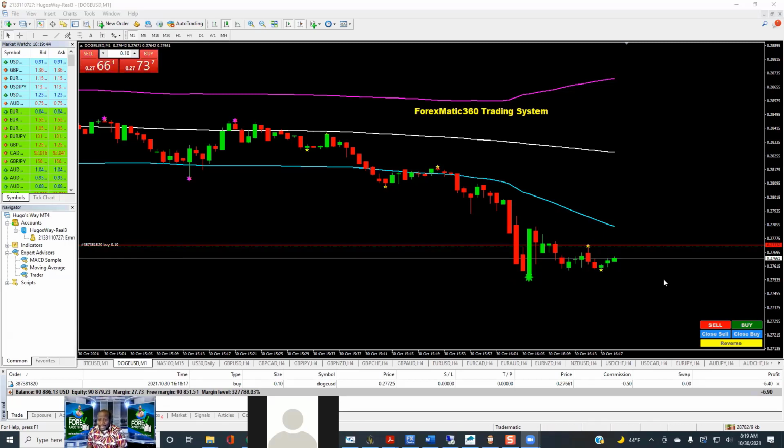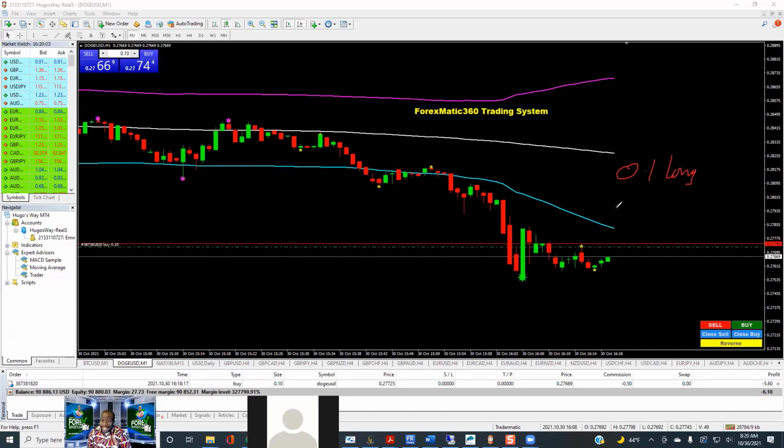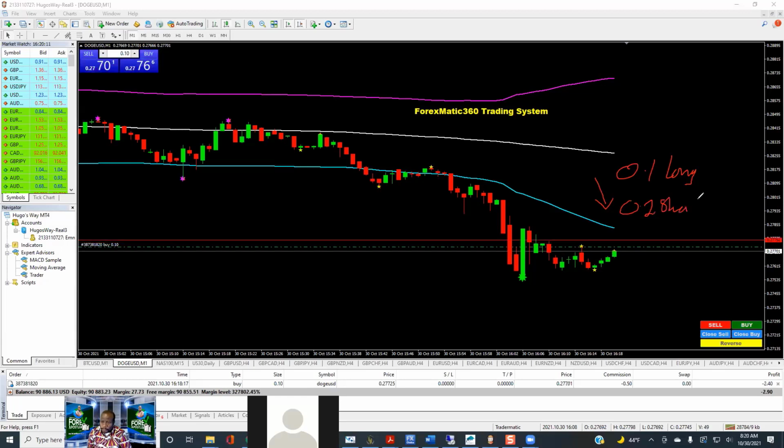Instead of opening 0.1, because that would nullify the initial 0.1 that you have, if the market keeps going down and I want to hedge it, I will open 0.2 short.